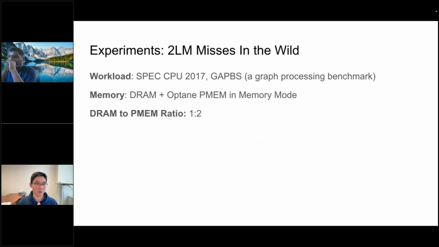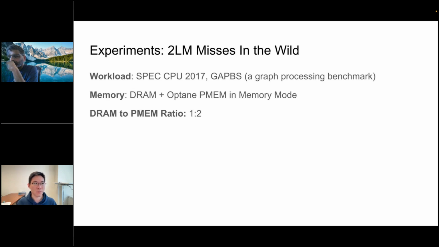So let's look at the experiment results. We built a tool that uses PAPS to count the number of 2LM misses and main memory requests of each page and see how the distribution looks. The workload we are looking at is the SPEC workload.